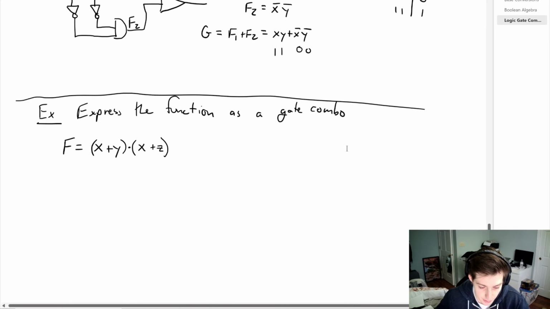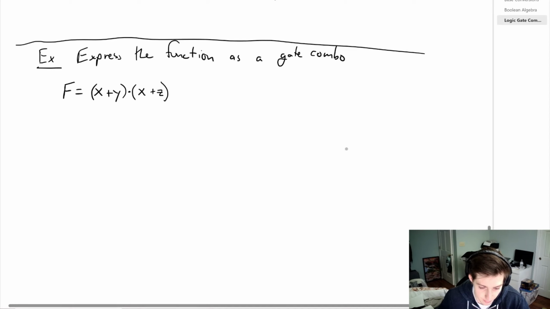Now let's do the reverse of that and express a function as a combination of gates. So what we see here is that we have an OR gate in parentheses, another OR gate in parentheses, and these OR gates are tied together by multiplication. So we have an AND gate tying them together.